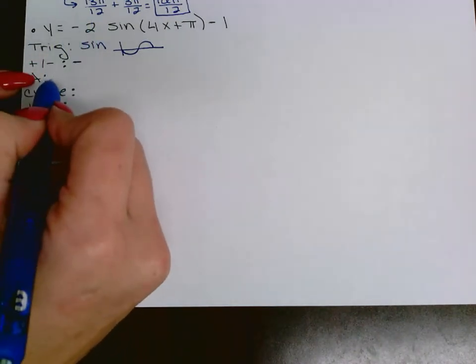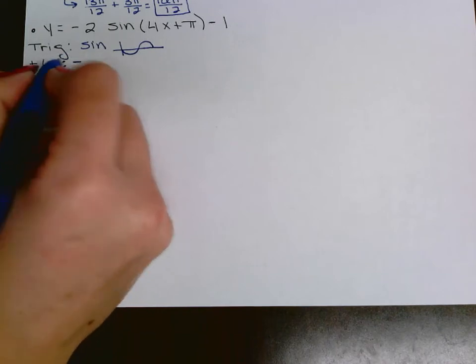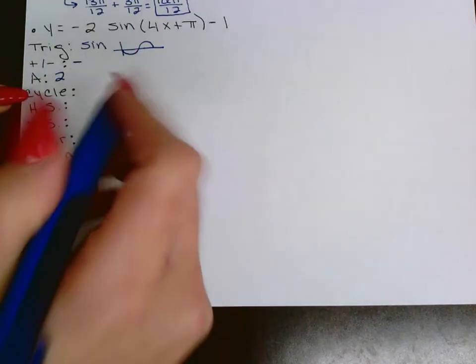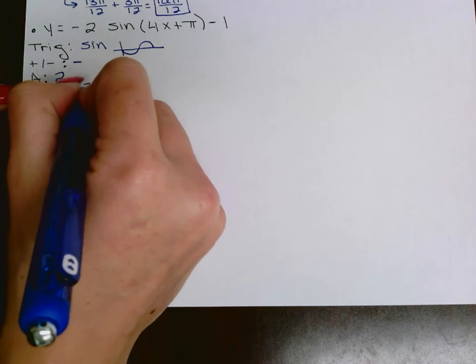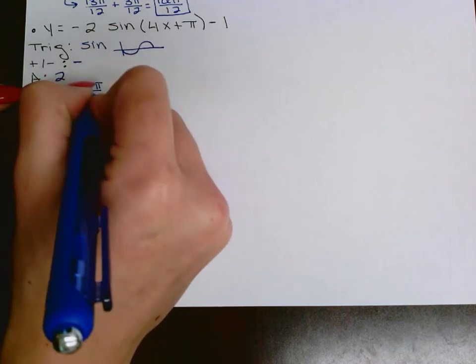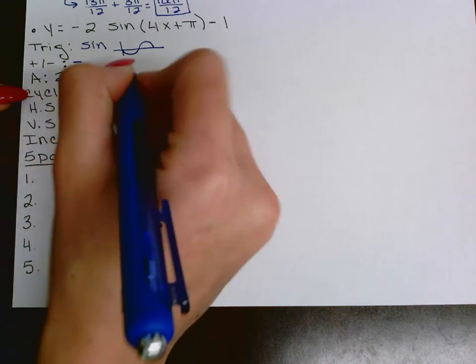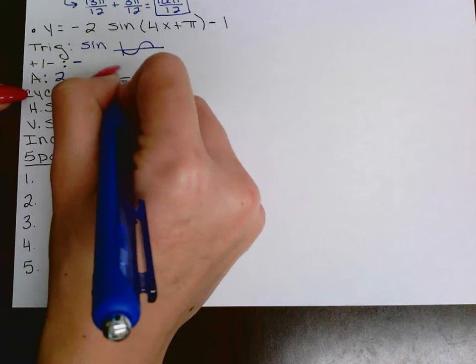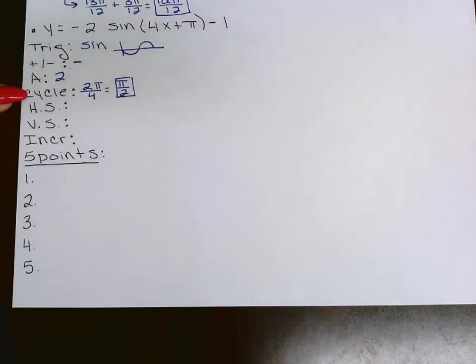Again, whether you choose to write -2 or +2 here, I don't mind, as long as you understand that this goes 2 up and 2 down from the midline, okay? Next, my cycle, this is a sine, so I need to pick the rule that says 2 pi over b. b in this case is 4, so my cycle is half of a pi. Okay?